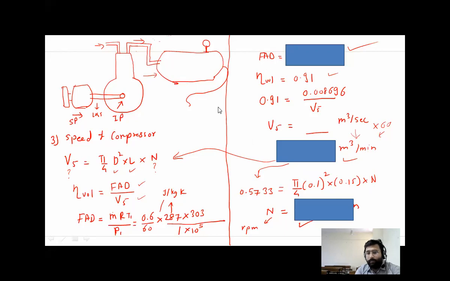So how much? 8.696 into 10 to the power minus 3, so it will be 0.08696 meter cube. That is the fresh air delivery. Volumetric efficiency we calculated previously, 0.91. Now from this, calculate swept volume.